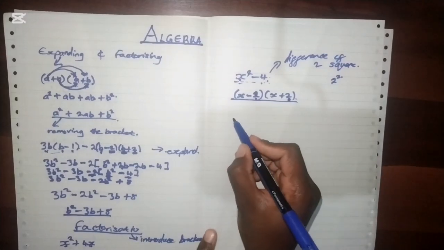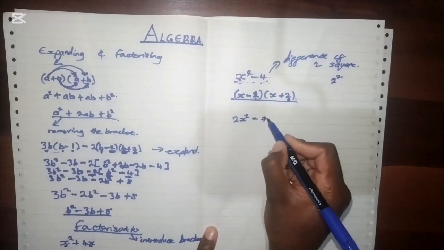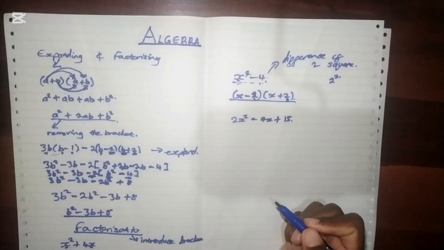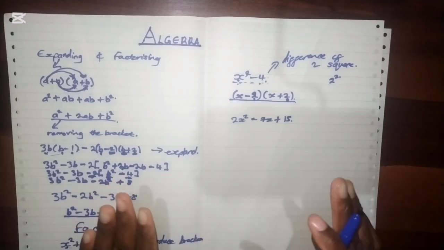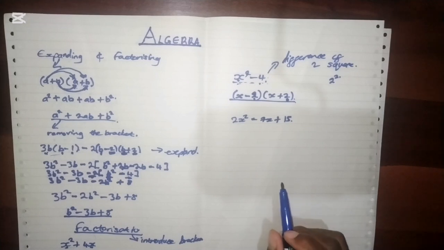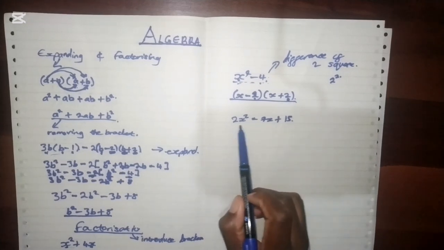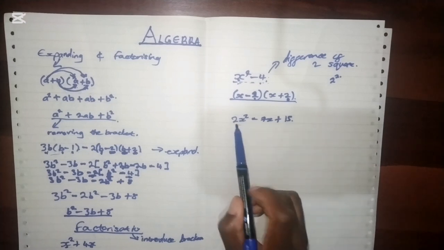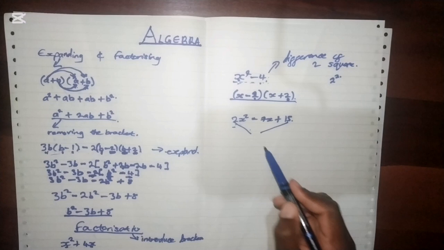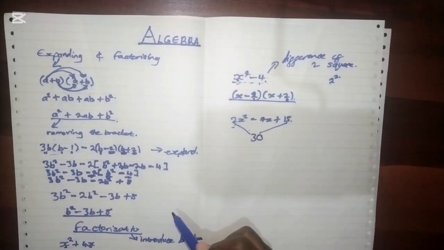Let's do this one: 2x squared minus 7x plus 15. When factorizing an expression like that one, let's first express it in simpler terms, because you can't factorize this one like that. First you multiply your 15 and positive 2, so that you get a positive 30.